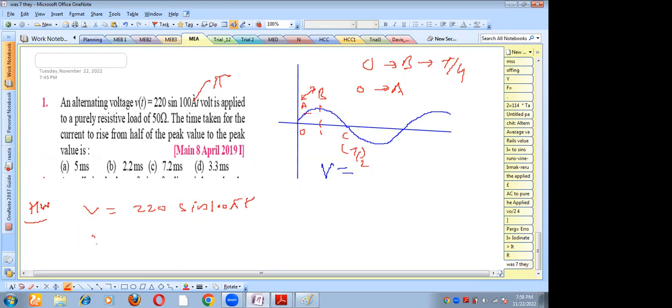So what we can do, first put v is equal to v by 2, 220 by 2 will be equal to 220 sine 100 pi t1.